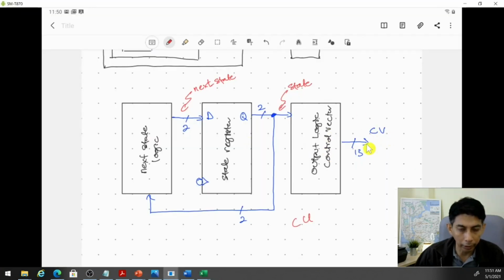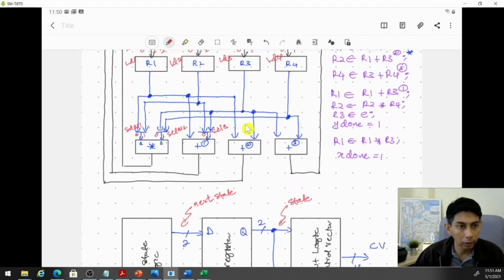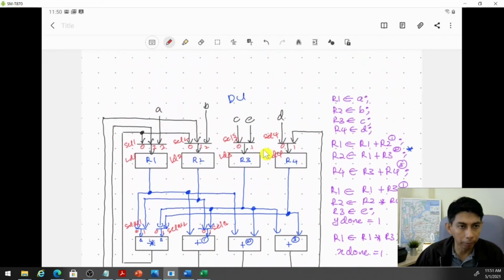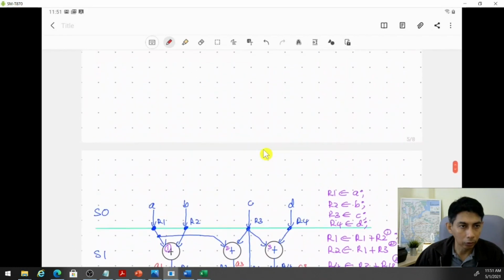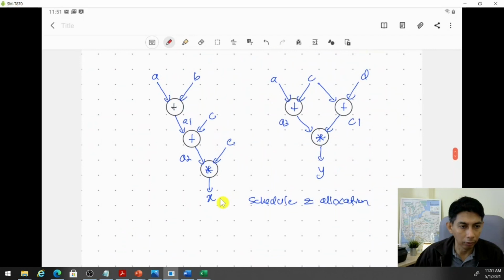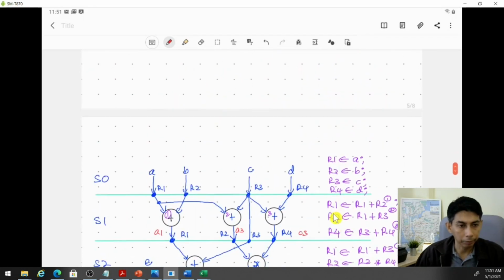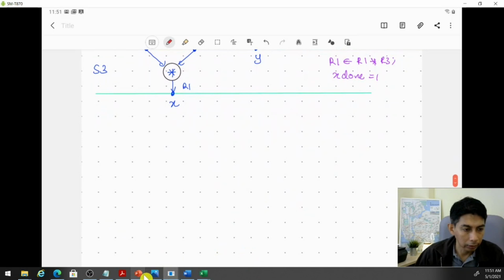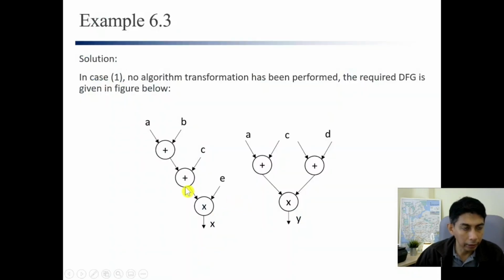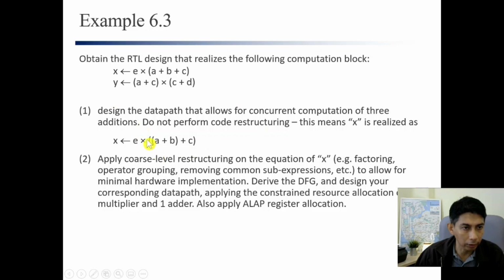All right, so when your DU receives this signal, it will perform this operation and give you the result of X and Y, right? So this is the additional exercise for this one, although you don't have to do it in this example, but I show you how to get your DU, the data path, and also the CU, and also the control sequence.